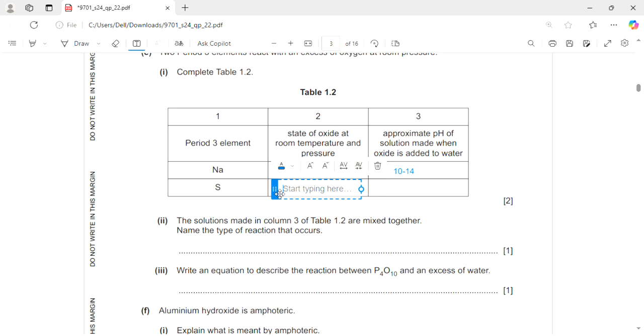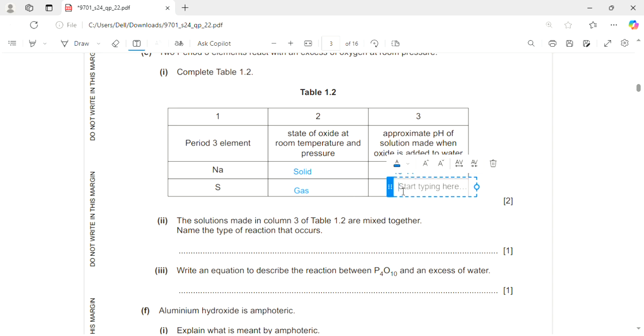So it is a gas at room temperature. And what is the pH? Because sulfur oxide is acidic, its pH is low, between 0 and 14.